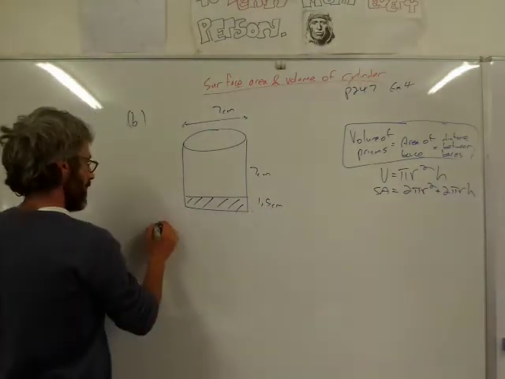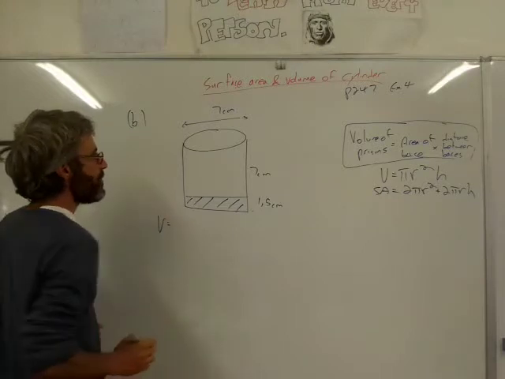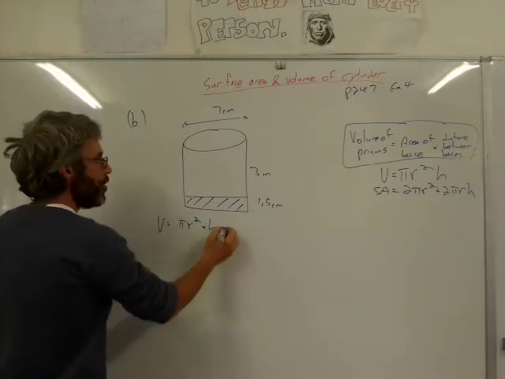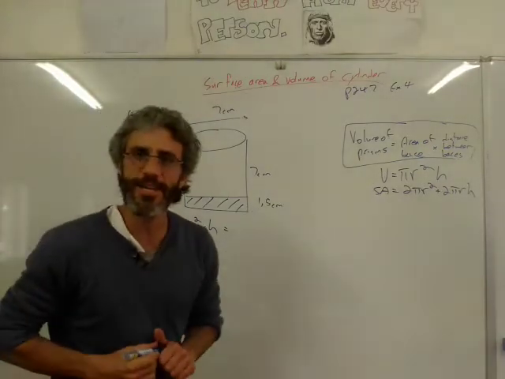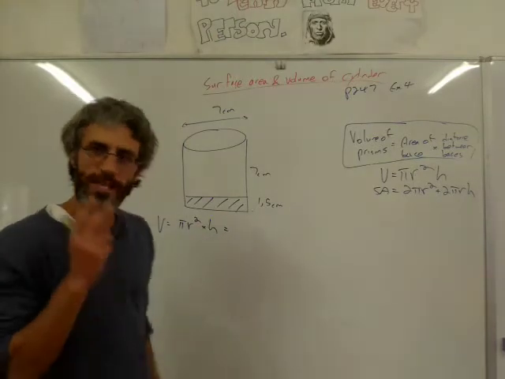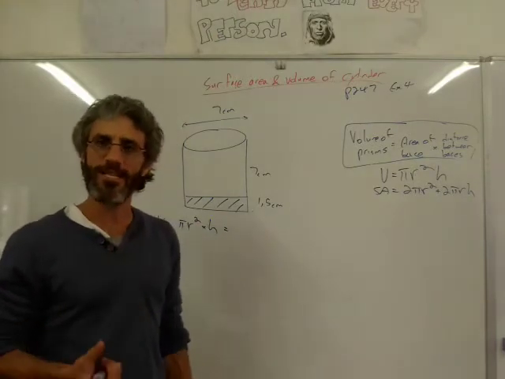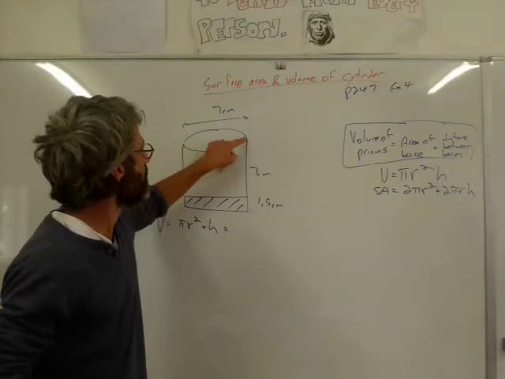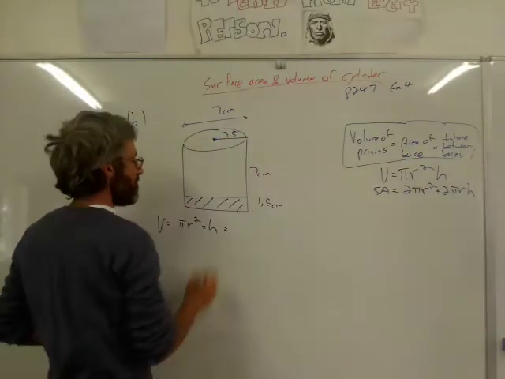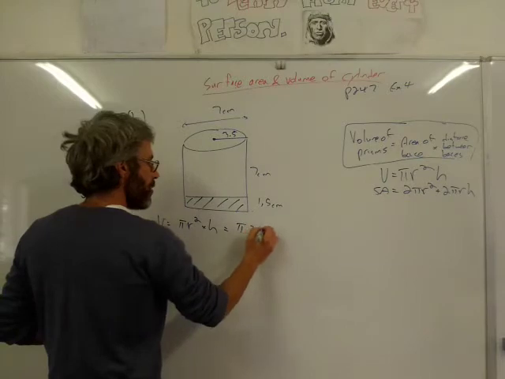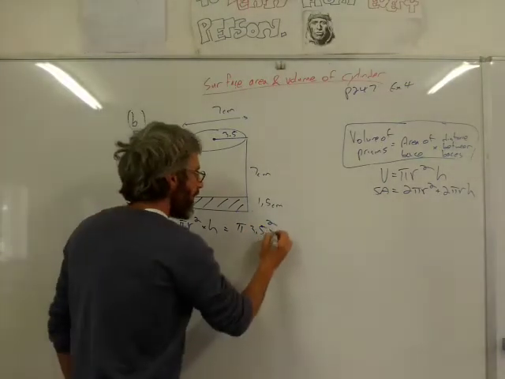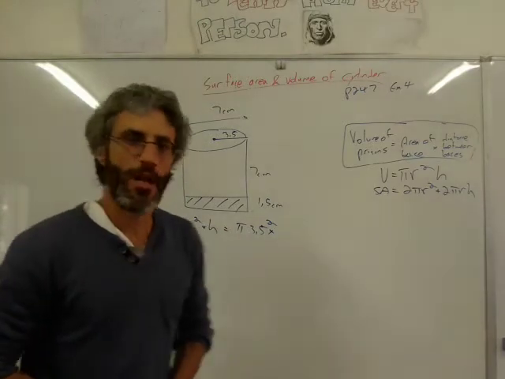So how do we calculate the volume? The volume is going to be pi r squared times h. What is the radius? Here they didn't really give us the radius, but they gave us the diameter. So if the diameter is 7 centimeters from here to here, the radius will be half that. It will be 3.5. So it's going to be 3.5 squared times pi. Now we need to multiply by the height.